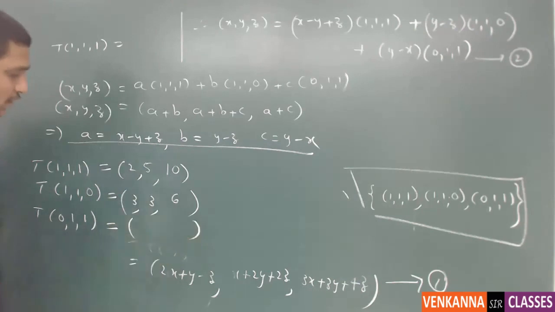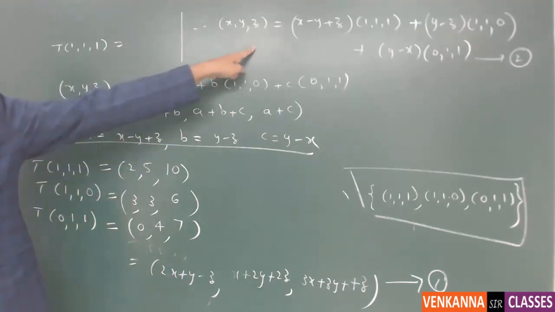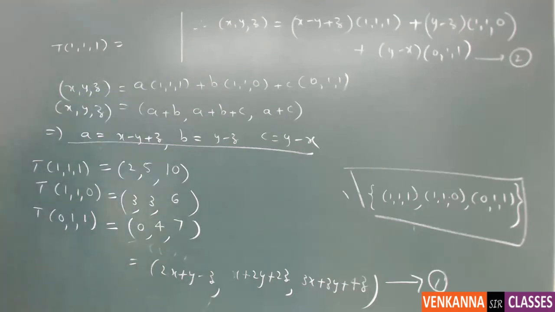If you apply T of 0, 1, 1, we get 0, 4, 7. So do we accept these values? Right? Now, for these images, apply combination 2 and give me the scalars.